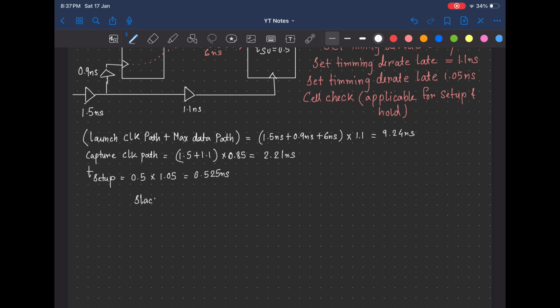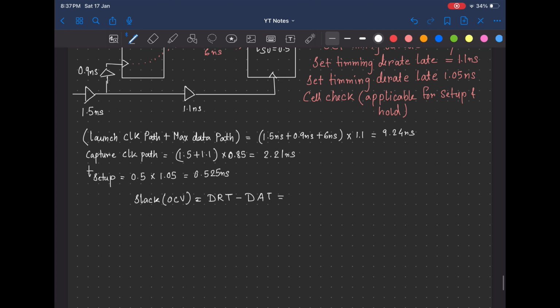Now it is very simple: we have to calculate the slack, and this is the slack in the OCV case. I have to calculate the difference between the data required time and the data arrival time. I think you know this very well, as I discussed it several times. The data required time is the 7.2 nanosecond T clock period plus 2.21 minus 0.525, and the data arrival time is 9.24, so the slack comes to minus 0.355 nanosecond.